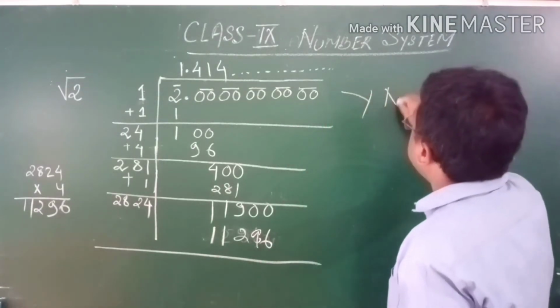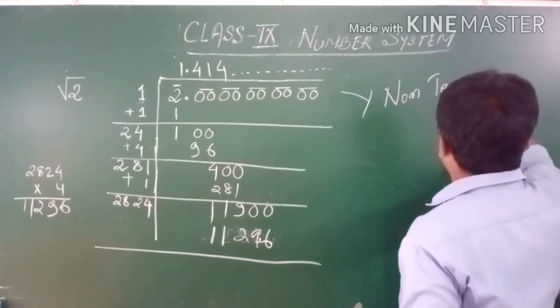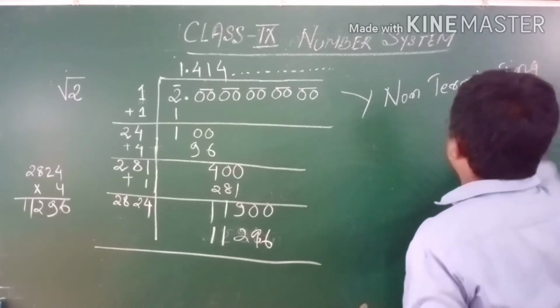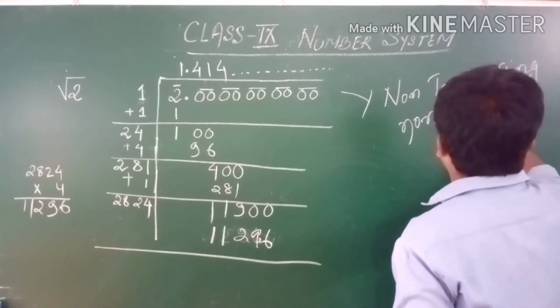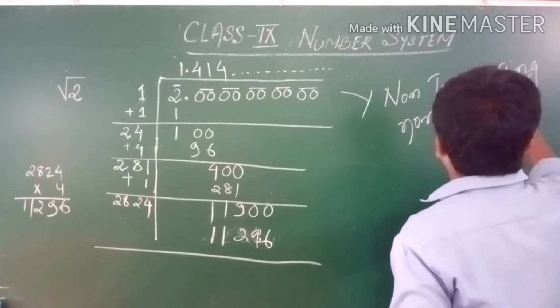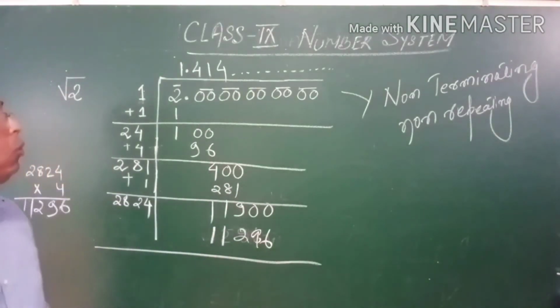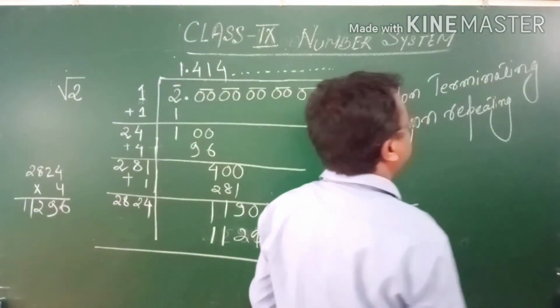Okay. So it is what we got here. It is a non-terminating, non-repeating decimal. That's why it is a what? Irrational number. It is, just now I told, a non-terminating, non-repeating decimal.